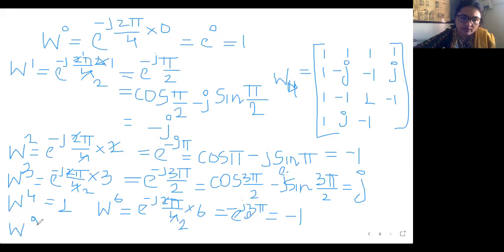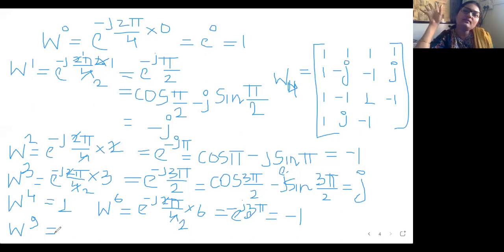Find out w raised to 9. w raised to 9 is e raised to minus j 2 pi upon 4 multiplied by 9. That is, 2 1s are 2, 2 2s are 4, which means e raised to minus j 9 pi by 2. Correct? Then cos 9 pi by 2 minus j sin 9 pi by 2.